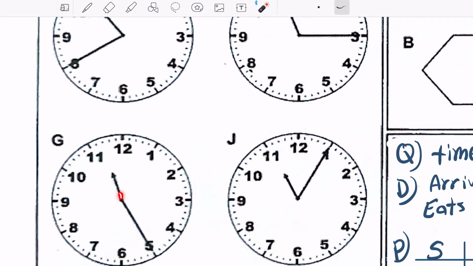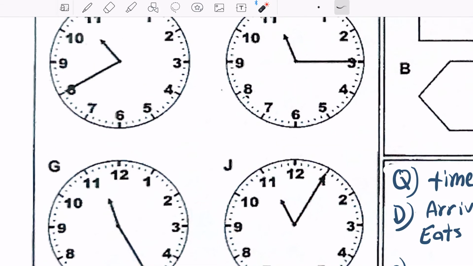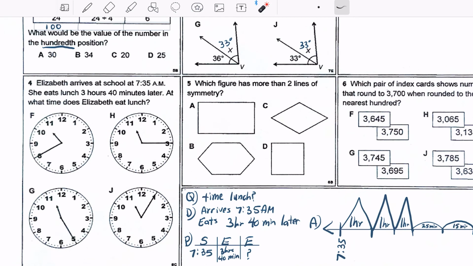Over here, again, 11 section. And the big hand points to the 5, which is 25. Over here, 11. And here it points to the 1, which is 5. So 11:05. Okay, so make sure that you find the correct time for number 4.